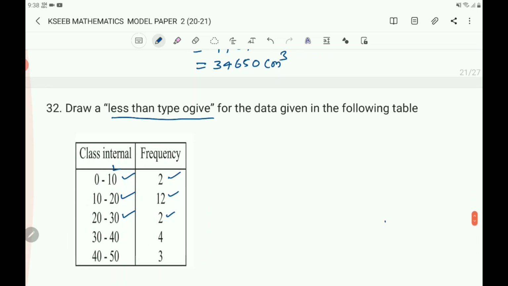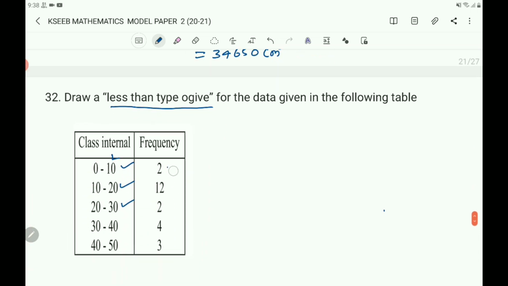So you write here cumulative frequency distribution for the less than type. Take that. Now you write less than type cumulative frequency distribution.